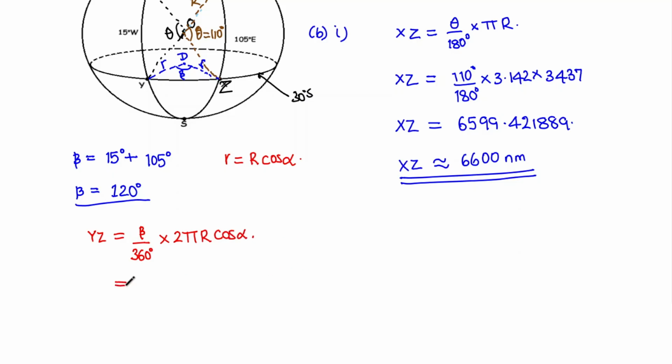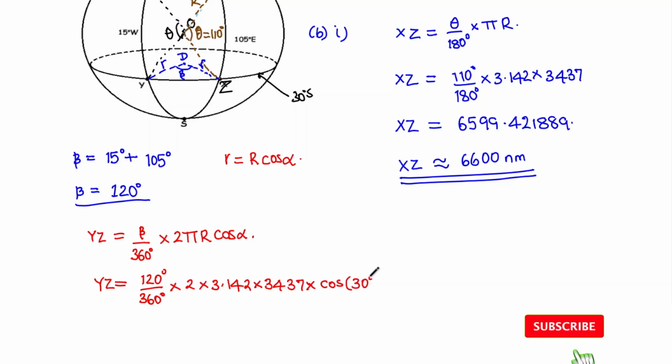Now here we can make substitution in order for us to get YZ, and beta is 120 degrees over 360 degrees times 2 times the value of pi, which was 3.142, then times R, which was 3,437, and we multiply this by cosine of the angle 30 degrees.